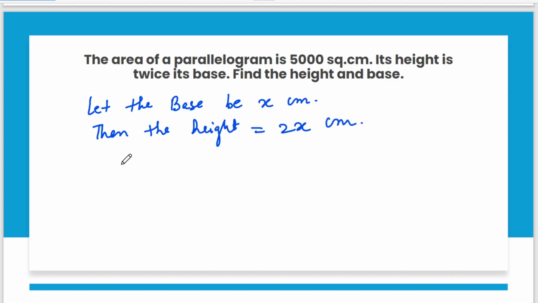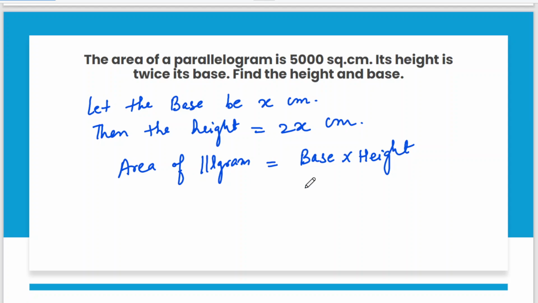Okay, now apply the formula area of parallelogram equal to base into height. So what is base? Base is our x, and what is height? It is 2x. And the area of parallelogram is given as 5000 centimeter square.